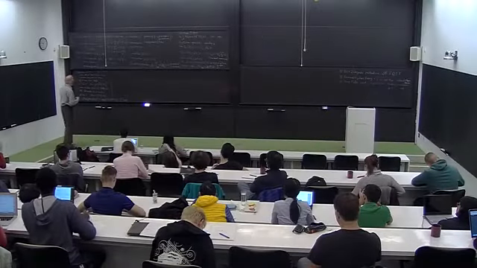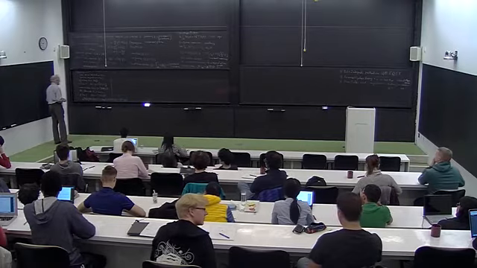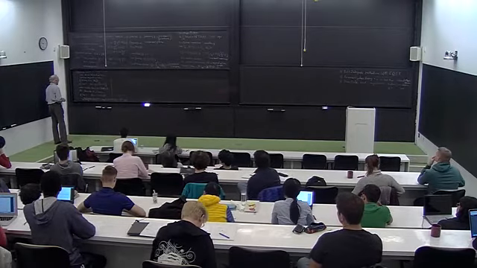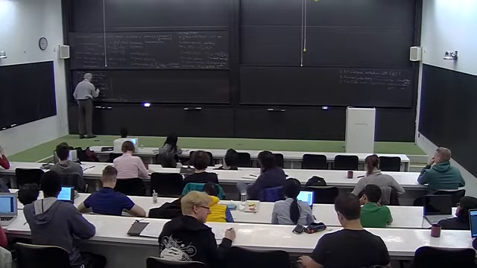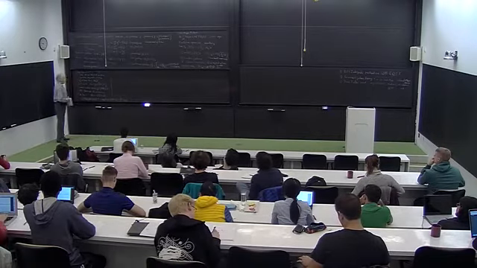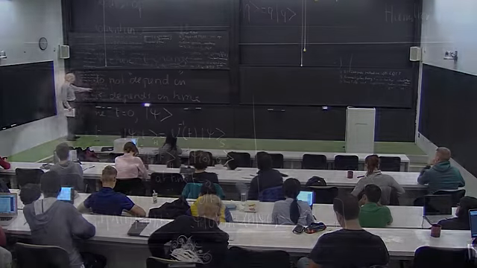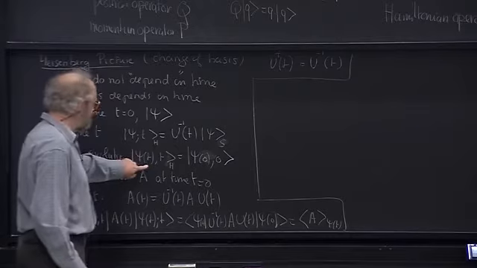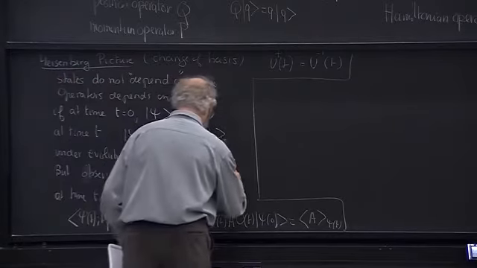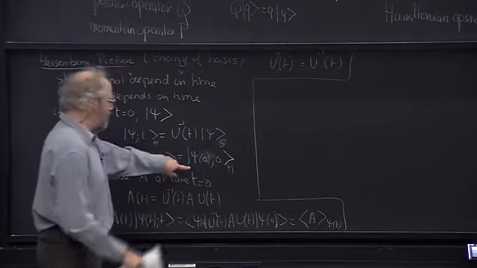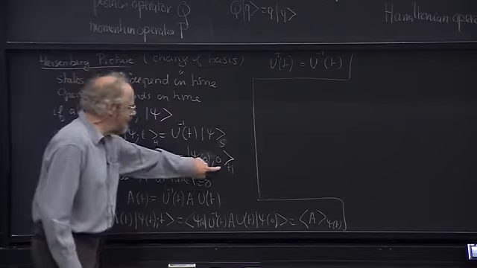If you are asked what is, in the Heisenberg picture, the vector in Hilbert space that describes the state psi of t, the wave function at time t, this is the same as the vector in Hilbert space that describes the initial state at time 0.